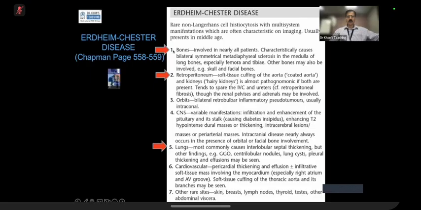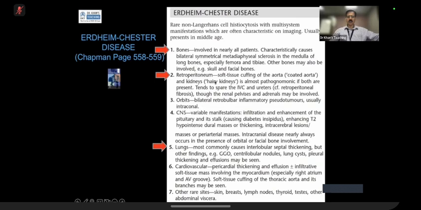And the systems, it tells you that all of these can be involved. Bone involvement is quite common, but not in our case. Usually you will see sclerosis at the metadiaphysis of long bones, femora and tibia. Retroperitoneum, now this is our case.